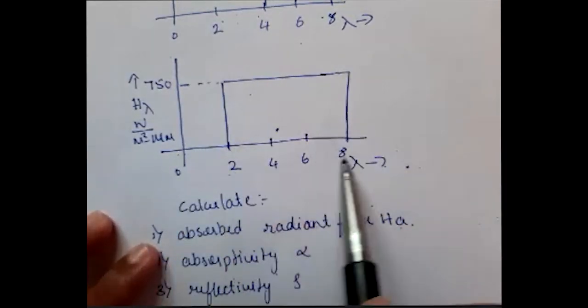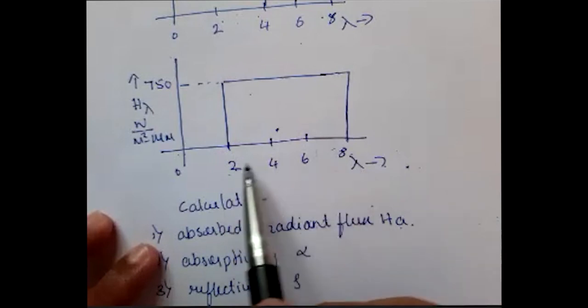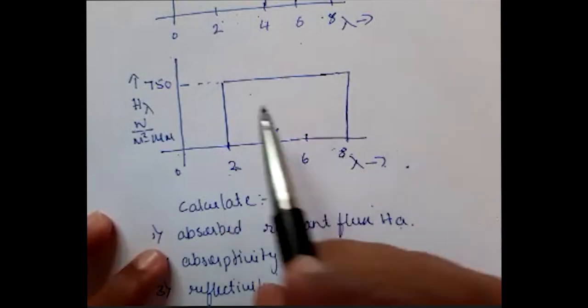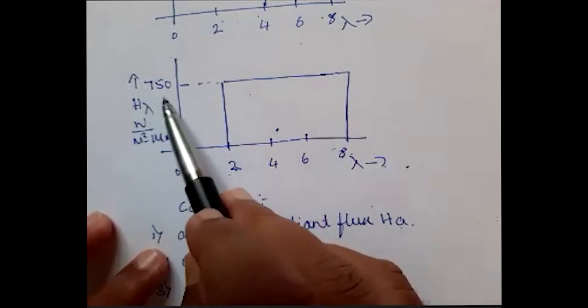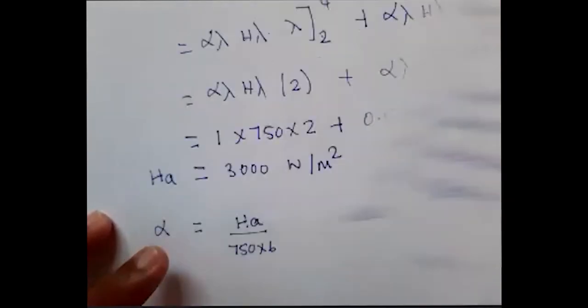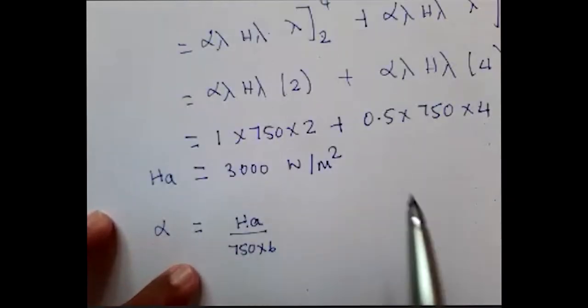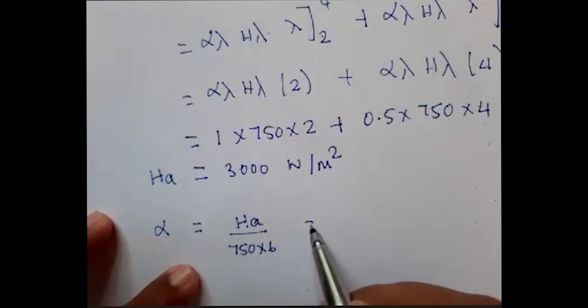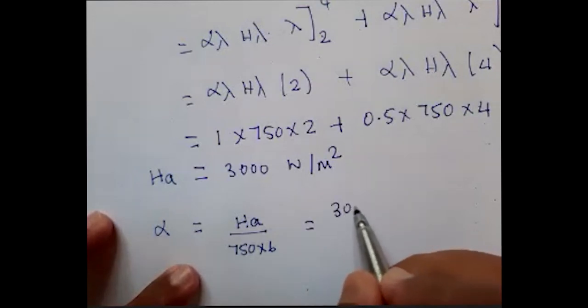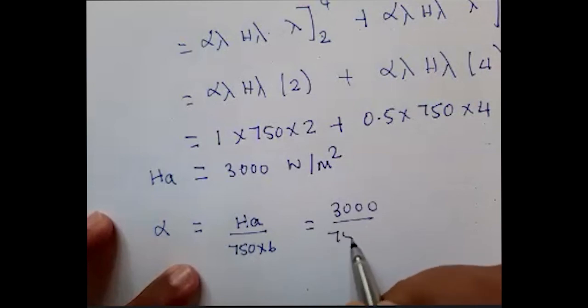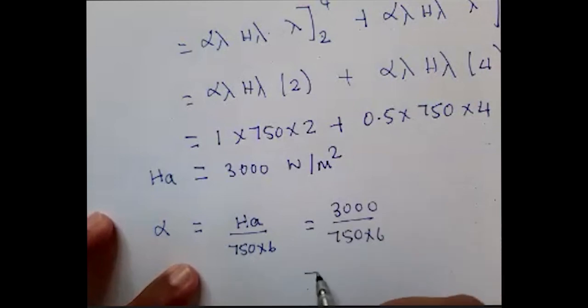So between 8 minus 2, these 6 wavelengths, the value of H lambda is 750. So it is 750 into 6. HA is 3000 divided by 750 into 6, which comes to around 0.667.